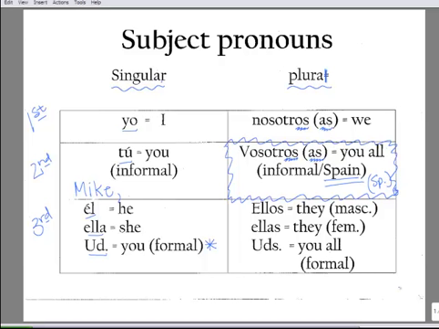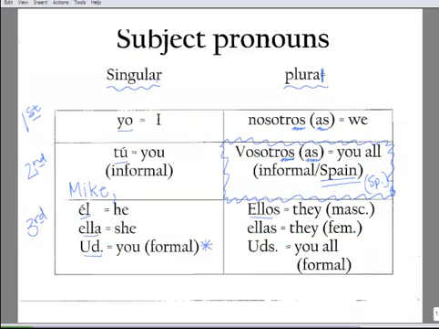Now we said he is singular, so now to make that plural, we're going to say ellos, E-L-L-O-S, which means they, masculine. Now, O-S, just like vosotros and nosotros, if it's a boy or a boy and a girl or boys and girls, you're going to use ellos to say they.